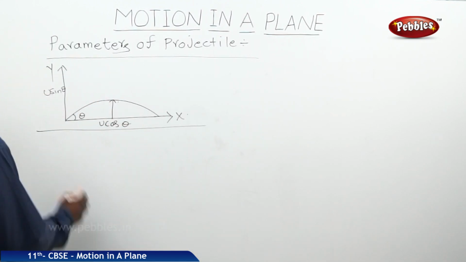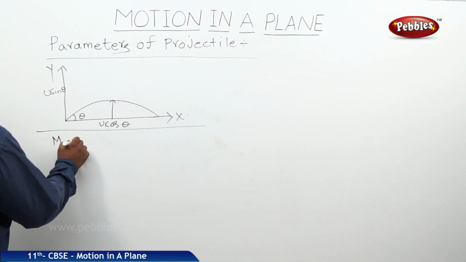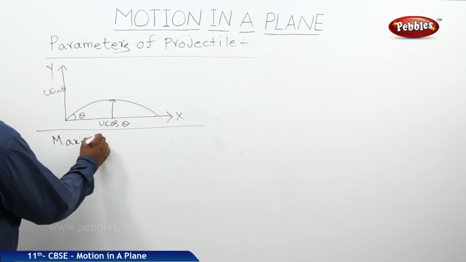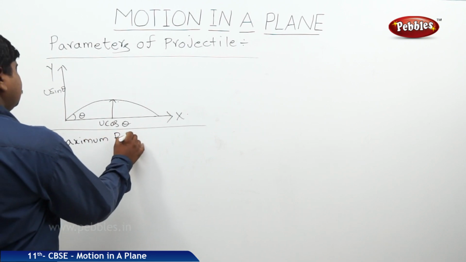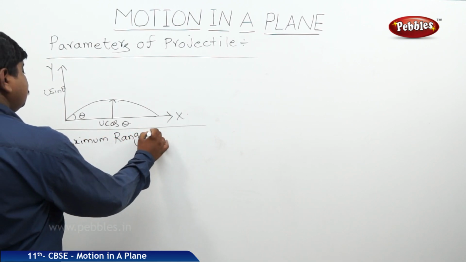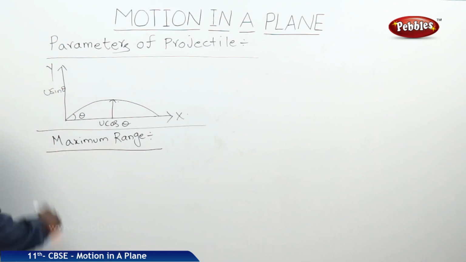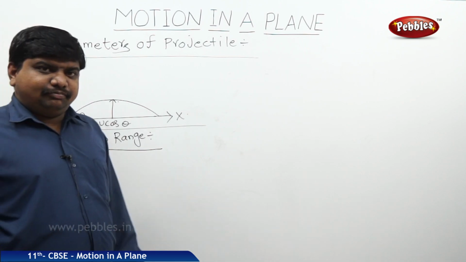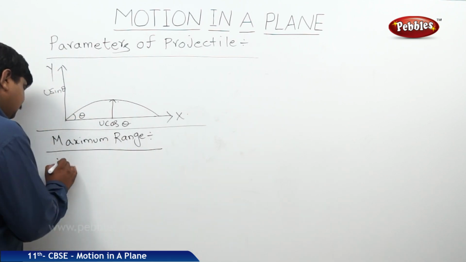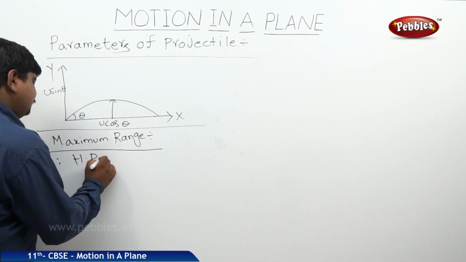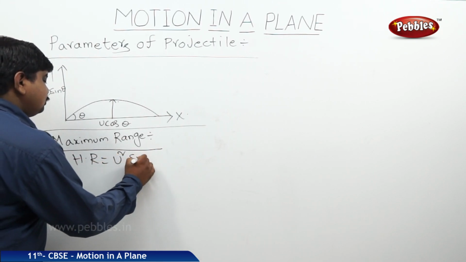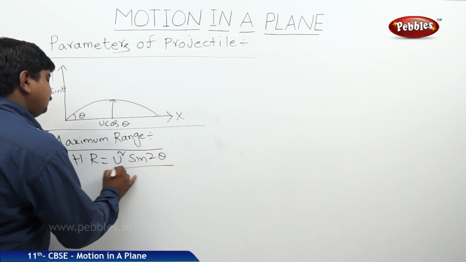So, the next one is maximum range. What is the meaning of maximum range? We got horizontal range is equal to u square sine 2 theta by g.